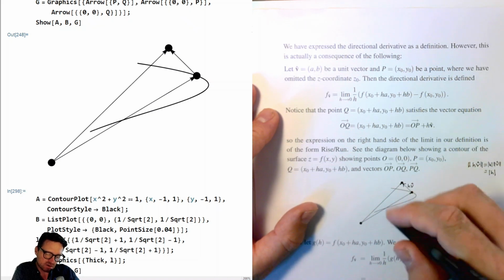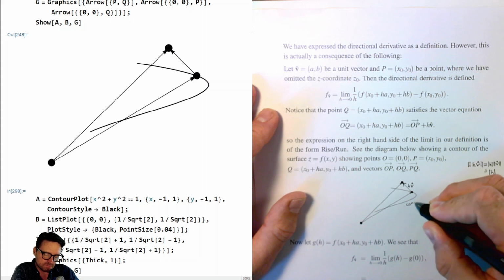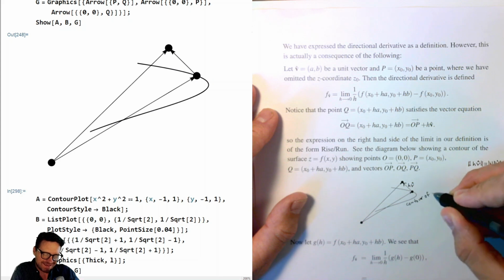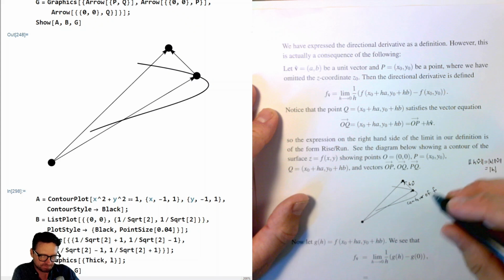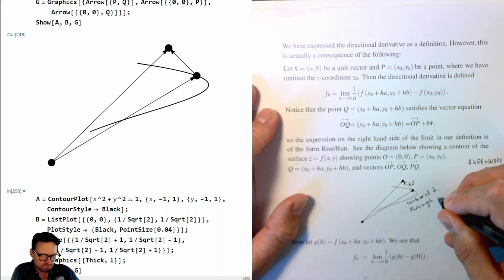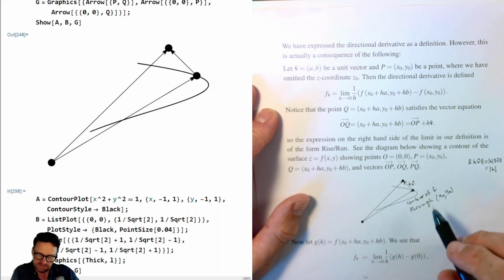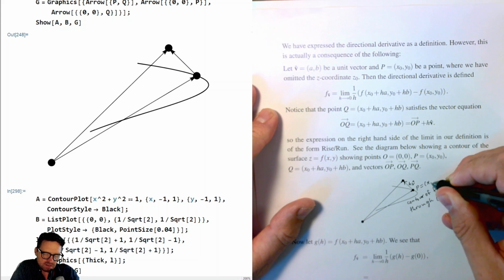This curve that you see here is a contour of f passing through x0, y0. And this point here is the point P, which is x0, y0.